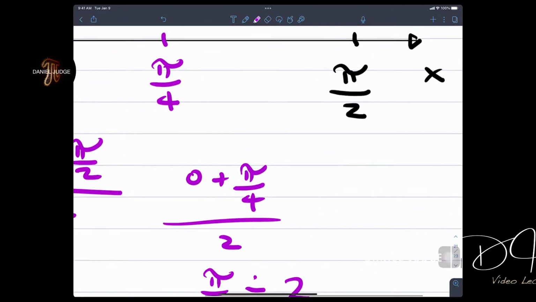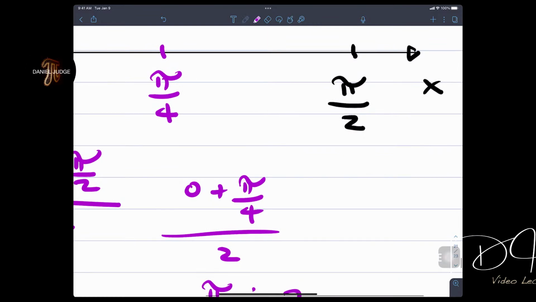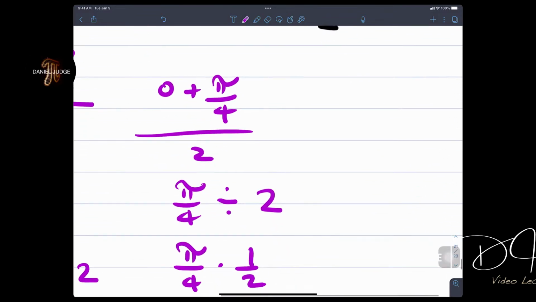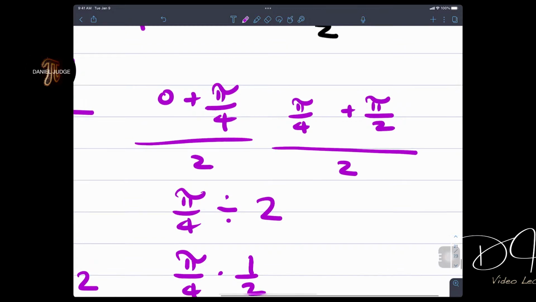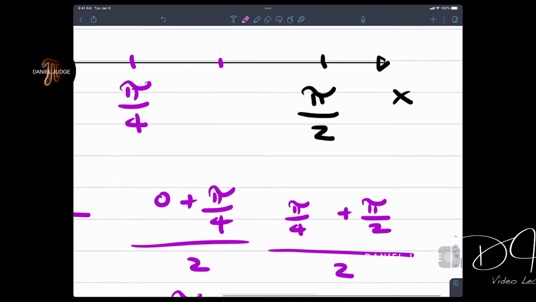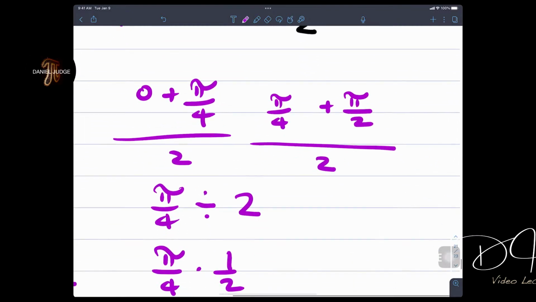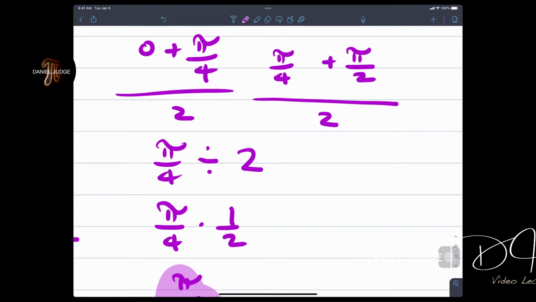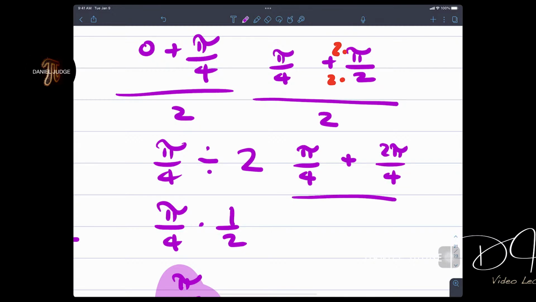And then you get to add pi over 4 and pi over 2 and find halfway there again. So you say pi over 4 plus pi over 2 divided by 2. We need this halfway mark between these two. Okay, by now you guys know that little trick. Multiply the 2 to the top and 2 to the bottom to get a like fraction. So this becomes pi over 4 plus 2 pi over 4 divided by 2.